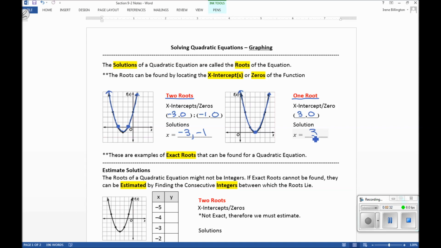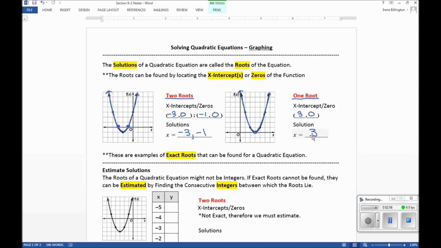These last two examples show us exact roots of a quadratic equation, meaning that these parabolas are crossing the x-axis at integer values, meaning whole number values, positive or negative. So when you have exact roots, we can use the graph of the quadratic function to find those solutions.